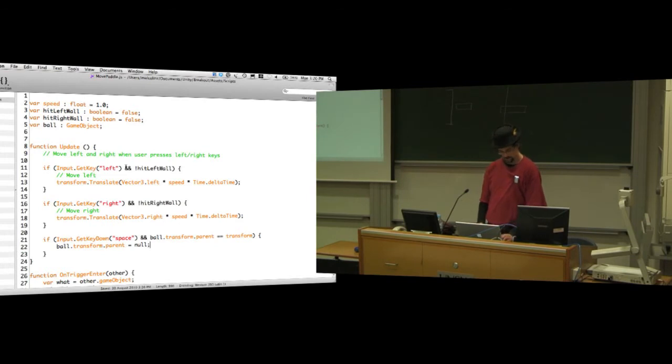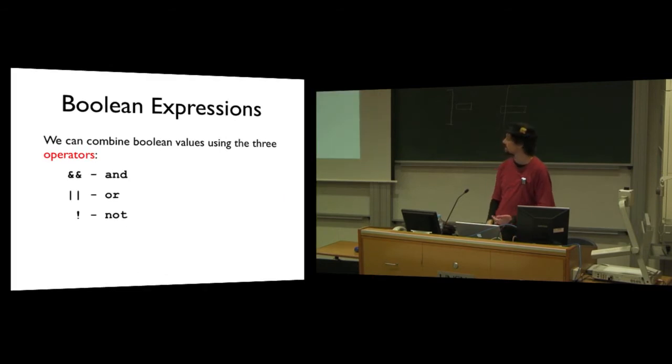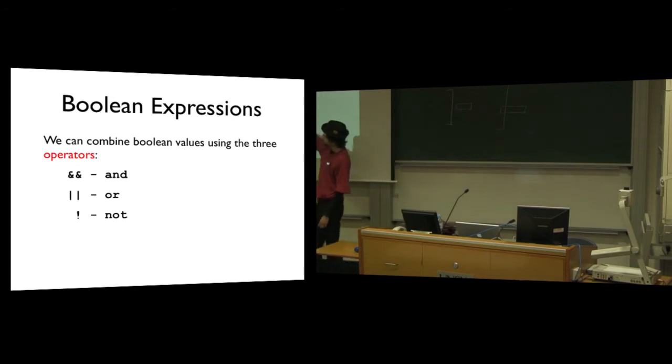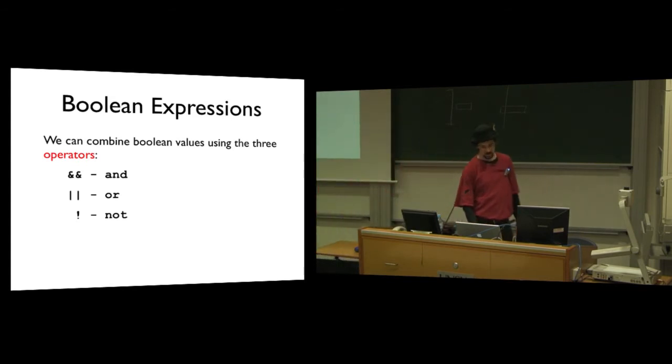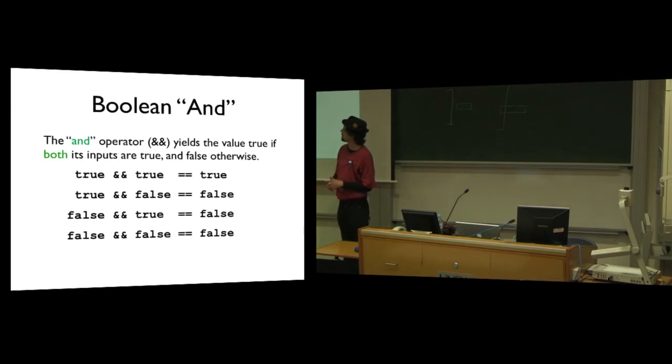So now, in general, how they work is any two Boolean values can be combined using and or or, and any Boolean value can be inverted using not. For example, the AND operator will yield the value true if both of its inputs are true. So if you've got two values and they're both true, then true and true is true.